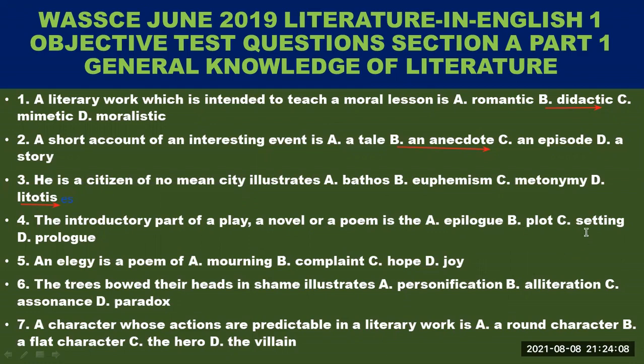The setting refers to the place and time of the events or actions in a story or play. Now, the answer here is prologue, all right, because prologue is certainly the introductory part of a play, a novel, or a poem.